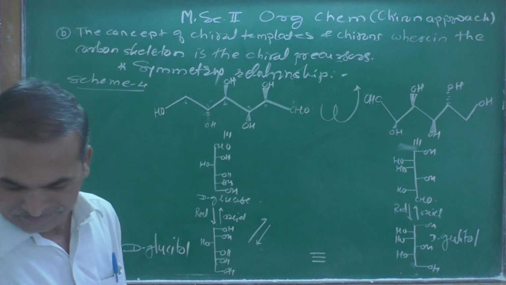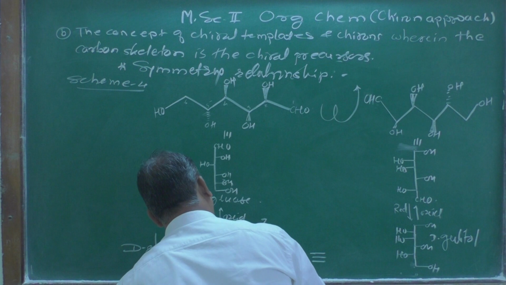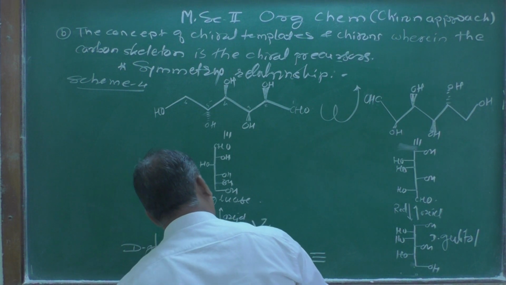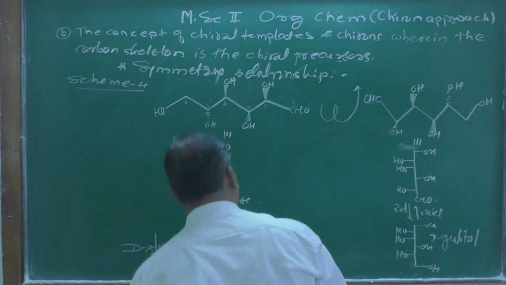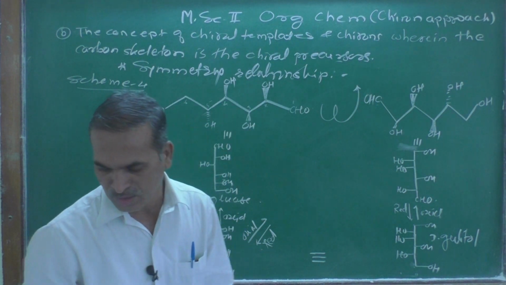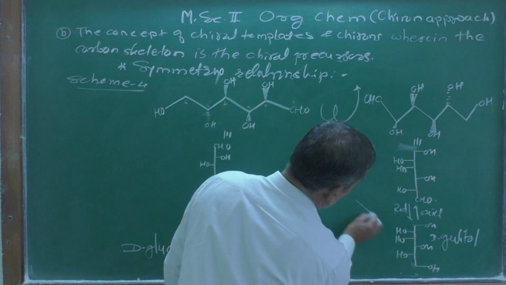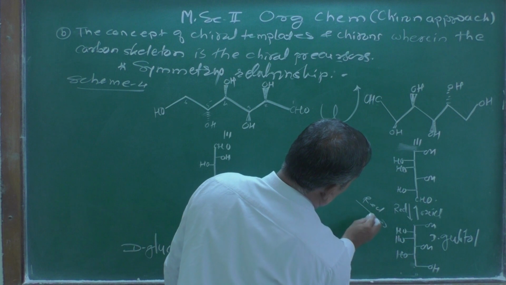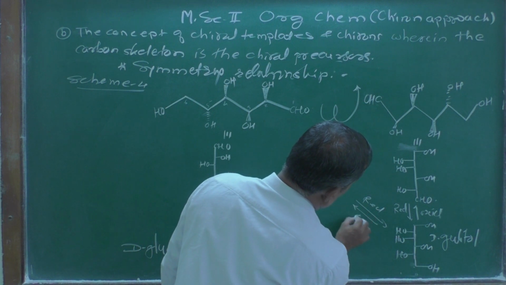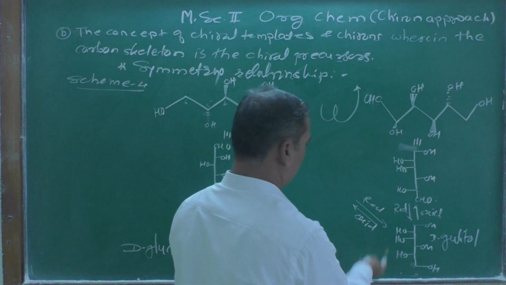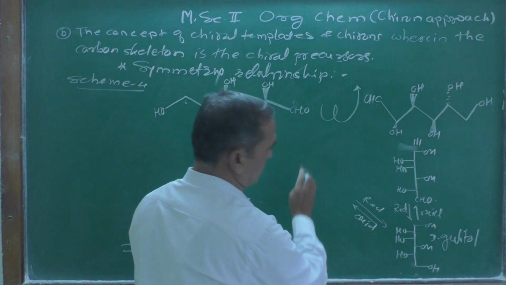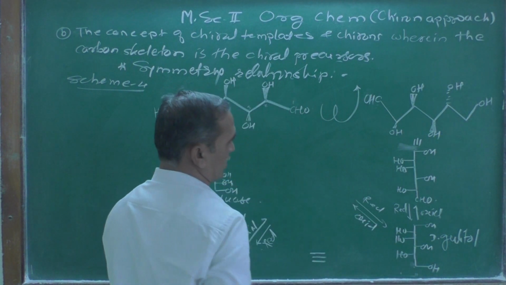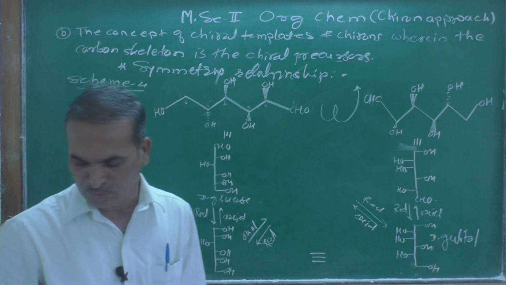There is an oxidation over here. Now this side is a reduction, and here also you can show a reduction, and this side should be oxidation. This side reduction means all hydroxy groups, and on this side maybe a ketonic group.